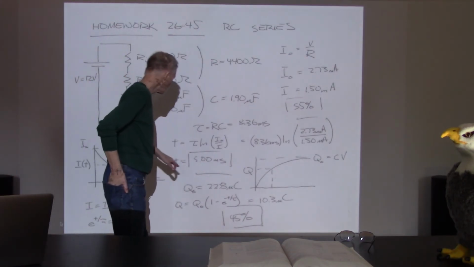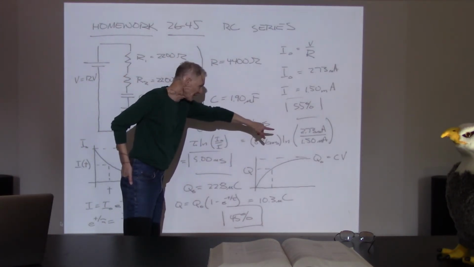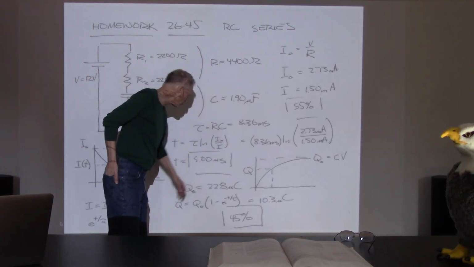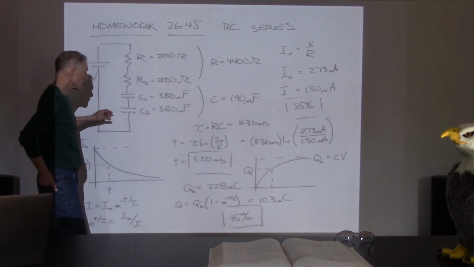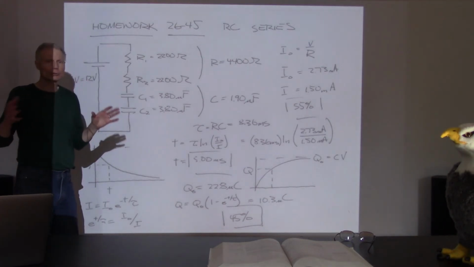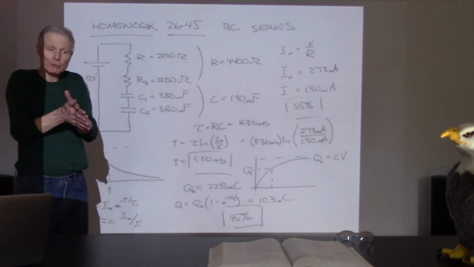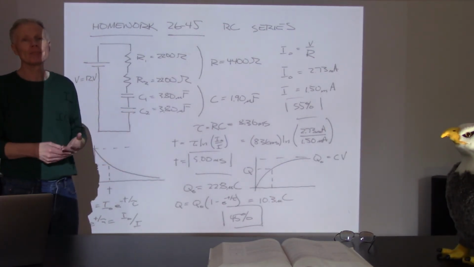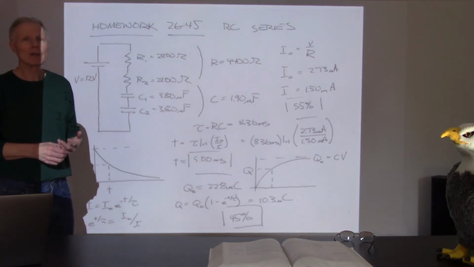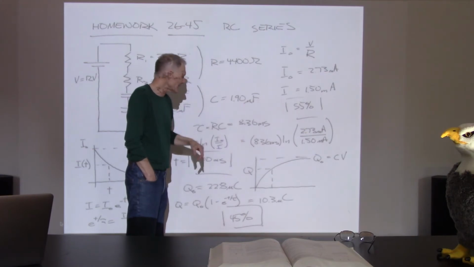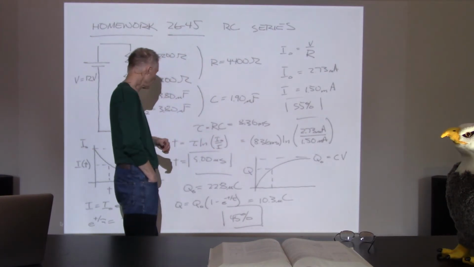I can calculate that as C times V, and that's 22.8 microcoulombs. And that is going to be true for each of these because they're in series. They were charged together. We combine the two capacitors in series to get an equivalent capacitance, but individually they will acquire that much charge. So this also represents each one of the individual capacitors.